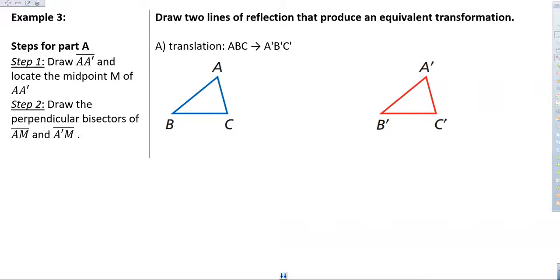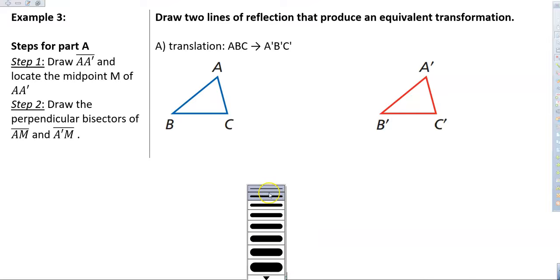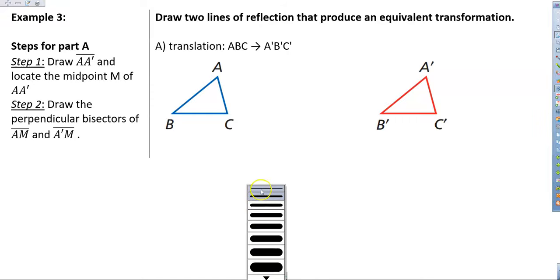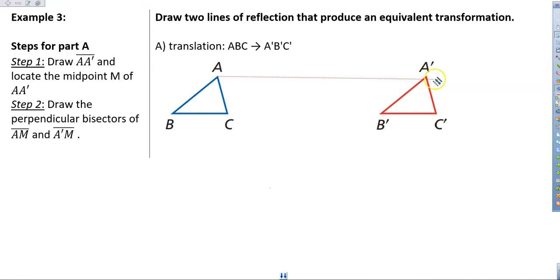So I'm going to start by drawing a line that connects A and A prime, here to here. And I want to essentially eyeball, and we're going to do the best we can, the midpoint of that segment.